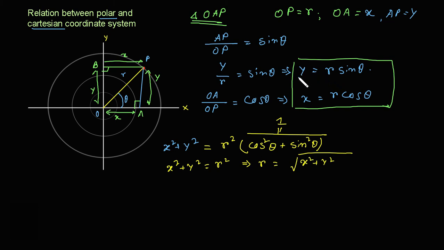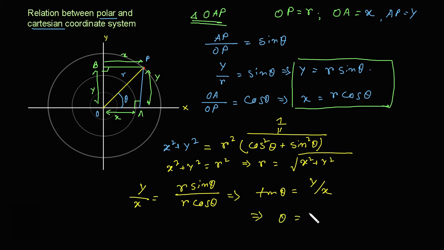And next we can divide this. y by x equals r sin theta by r cos theta, or tan theta equals y by x. So you can calculate theta by tan inverse of y by x.